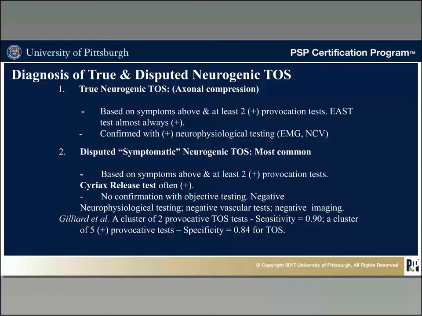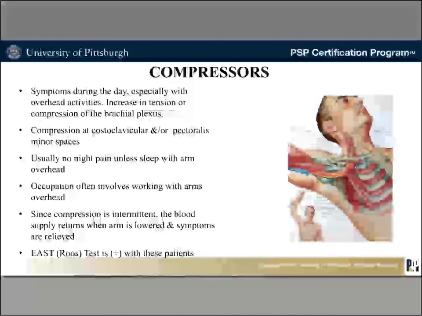To that end, once the clinical suspicion is raised, it can be confirmed with further neurophysiological testing, namely EMGs or NCVs. The disputed symptomatic neurogenic TOS, which is probably the most common form of thoracic outlet syndrome, will have the clinical manifestations that were mentioned previously, but in these cases, the neurophysiological testing, negative vascular test, and negative imaging tests, negative EMG NCVs, that becomes the difference between these 2 subcategories of neurogenic TOS.